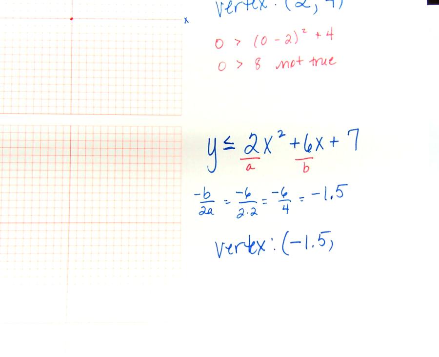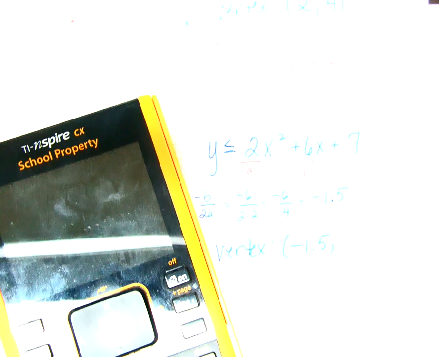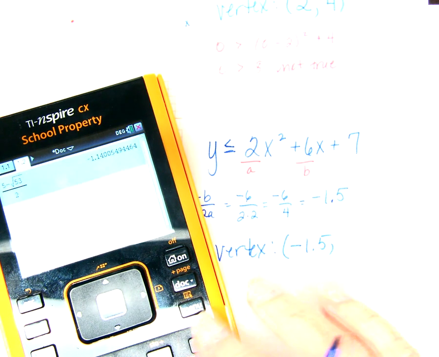I plug it in, okay? Do you want to be squaring decimals? No? So can we let our friendly neighborhood calculator help us out a little bit? Okay, so I need a calculator.